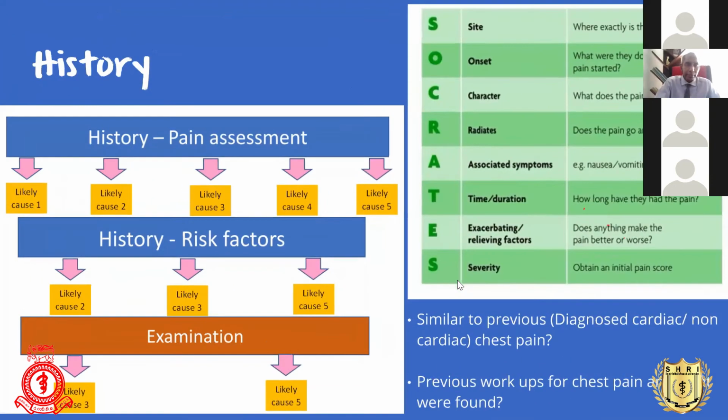And then directed history and examination. Now this patient comes with chest pain. So the presenting complaint is pain. And in our medical school life, we are told that we have to take a comprehensive pain history with the SOCRATES.